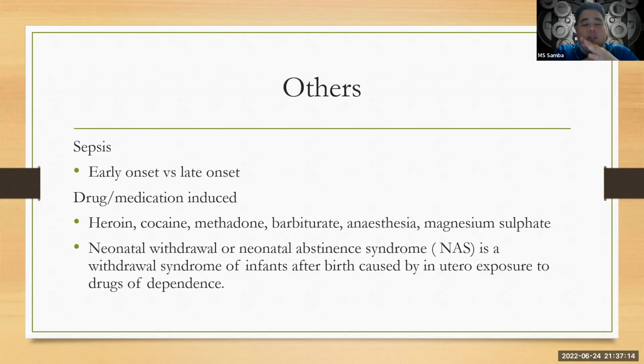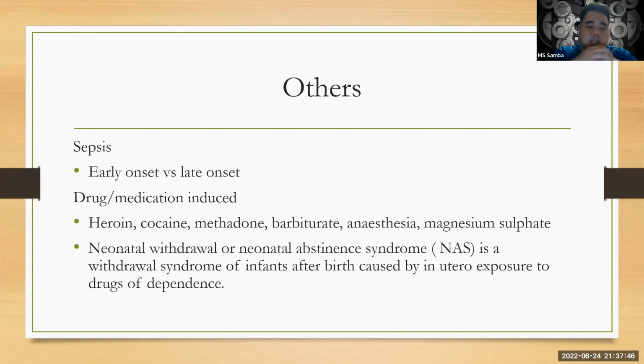The next one is drug or medication induced. Under this, we have a condition called neonatal withdrawal or neonatal abstinence syndrome, where, based on the history, the mother took drugs or medication during pregnancy.